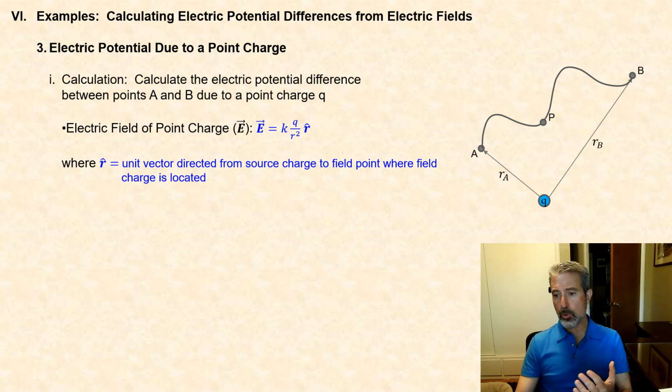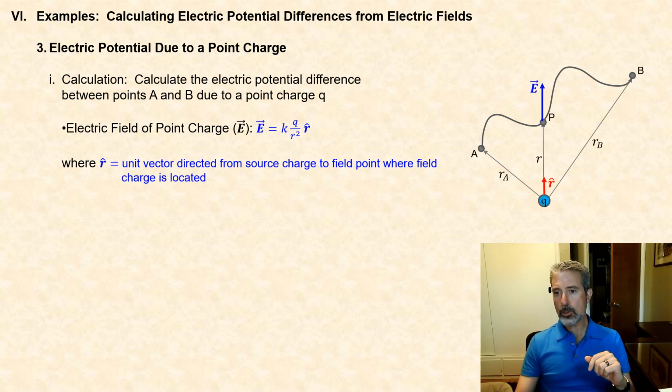So here I'm showing you one of these field points along our path from A to B. And once I show you that, this unit vector r hat would be directed as follows. And this value r is the distance between the source charge and the field point and the field charge that exists there, while we're moving it.